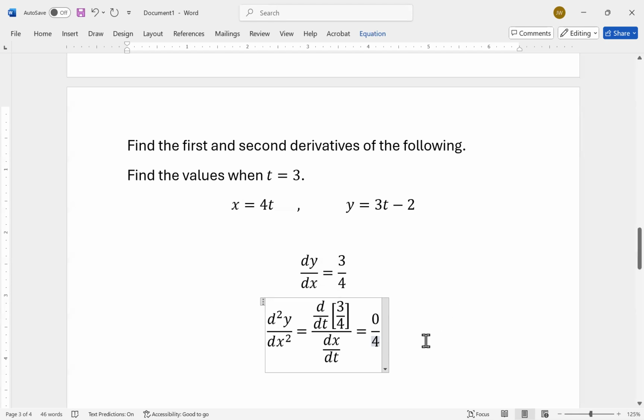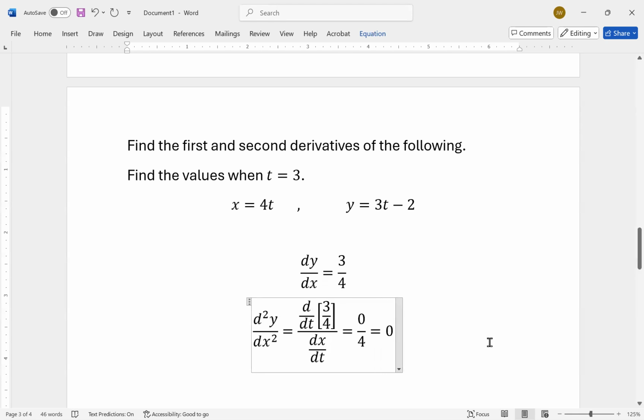That's the same 4 I got in the previous denominator, where I take a derivative of the x function with respect to t. Now, what's going to happen when I plug in a t of 3? Not much. This is a constant. This is also a constant.